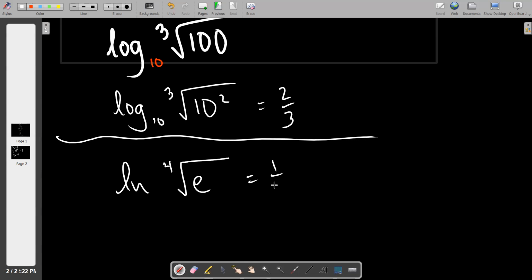And the reason for that, in case you're wondering where that came from, is remember, anytime you see ln, you're welcome to write it as log base e. I don't, but you're welcome to. And so once I acknowledge that ln, natural log, and log base e are the same, and then if I rewrite the 4th root of e as e to the 1/4, it's again just hilariously obvious where the answer comes from.